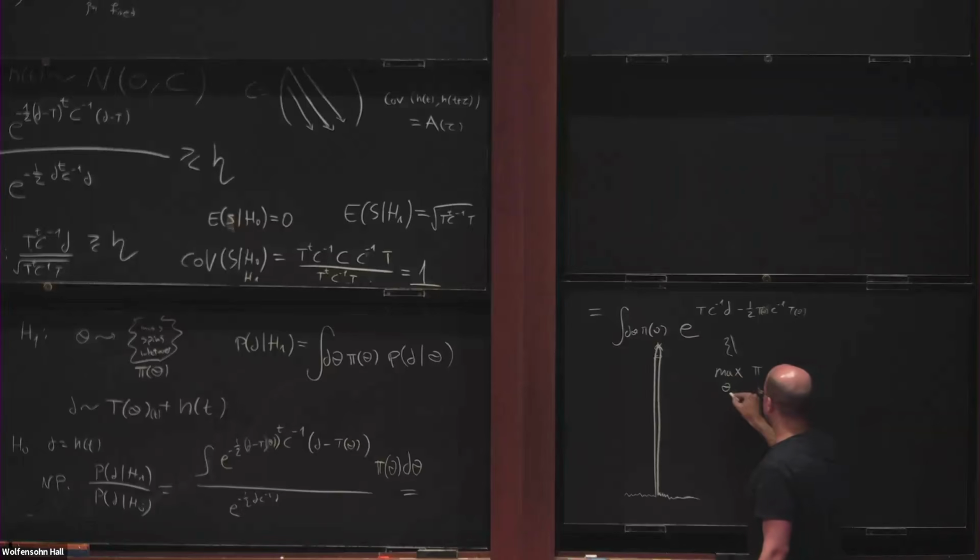So maximum over theta of pi of theta, and then e to the Tc minus 1 d minus half Tc minus 1 t. Now, if I remember, and let's remember that t has a theta.